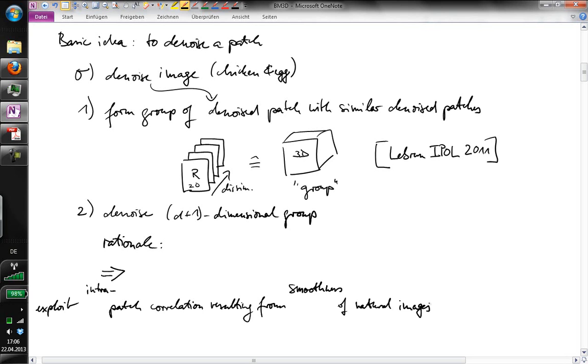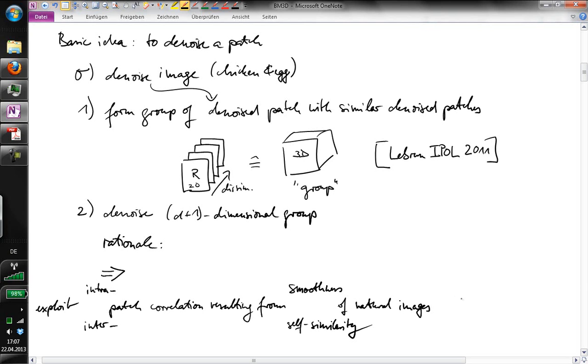And this is something that conventional smoothing or denoising methods do. But at the same time, you want to exploit the inter-patch correlation, which results from the self-similarity of natural images.